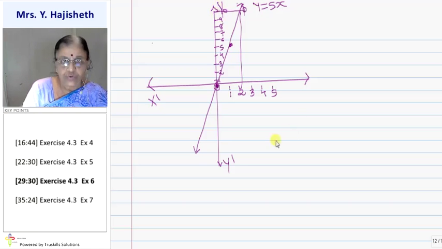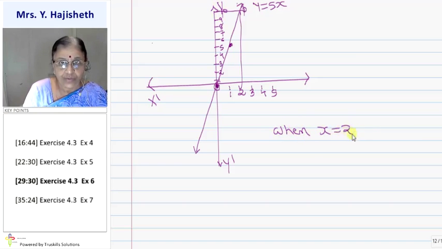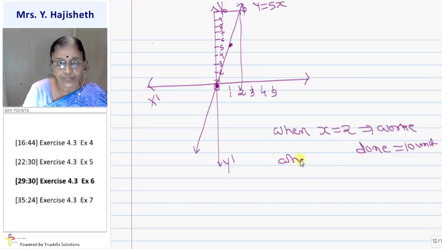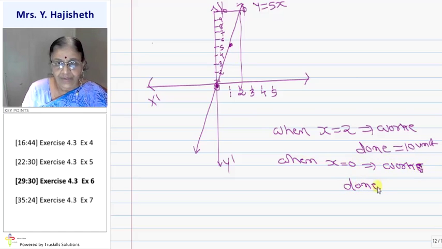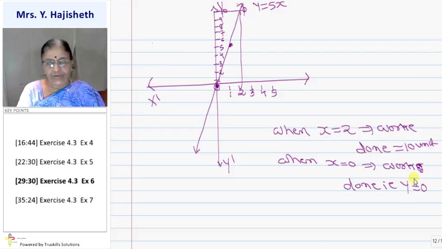So when x is 2, that implies work done, that is y, is 10 units. And when x is 0, then work done, that is y, is 0. Clear? So the question is over.